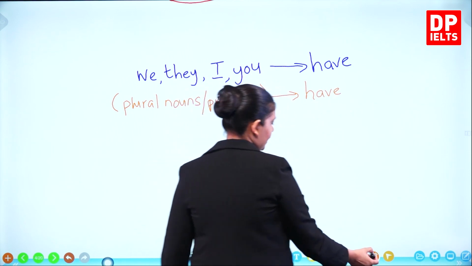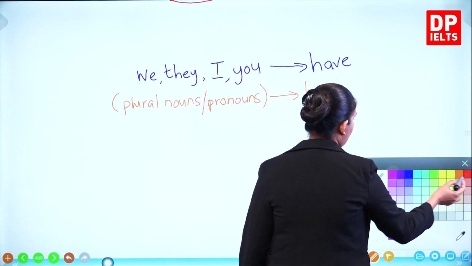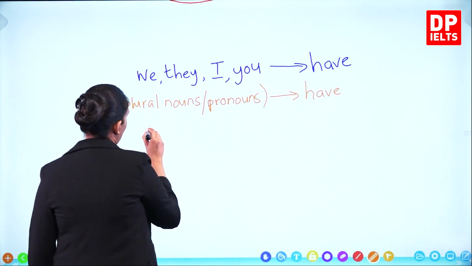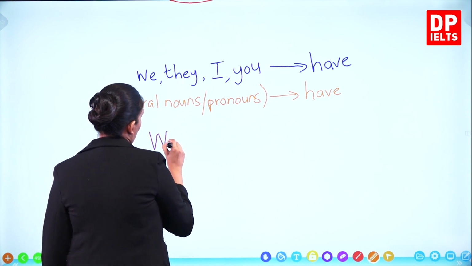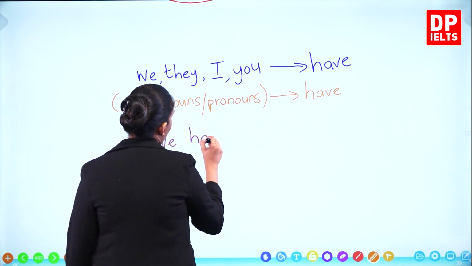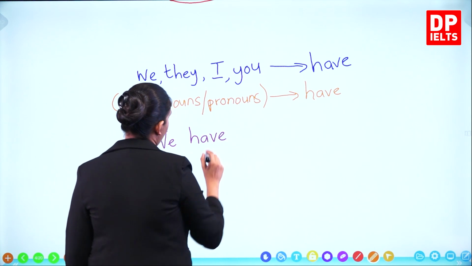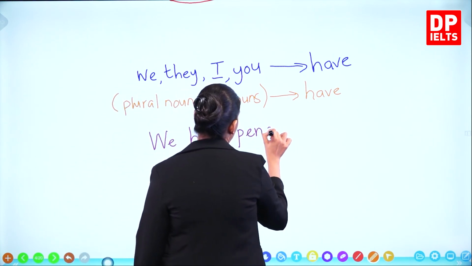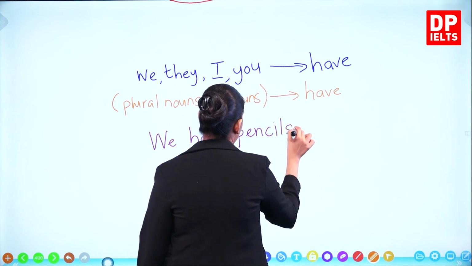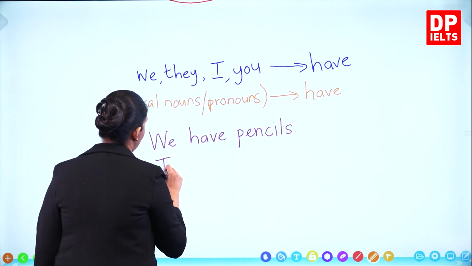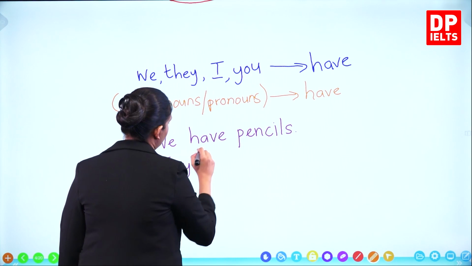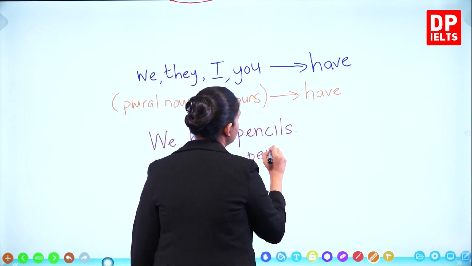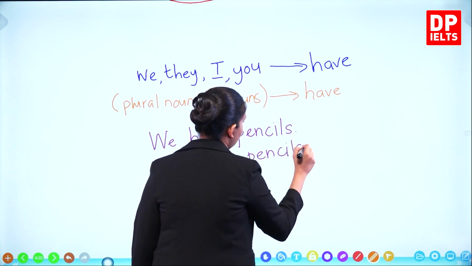Right? Let us have a look at some examples. We have pencils. They have pencils. Actually, it should be they have got, but we'll just go. I'm not going to write it too in detail because you get confused.